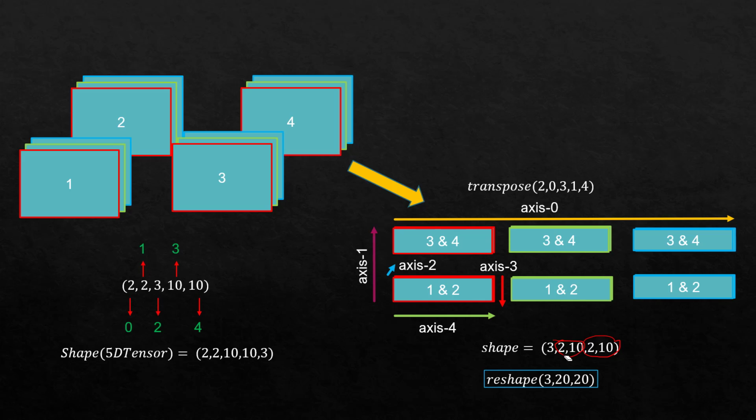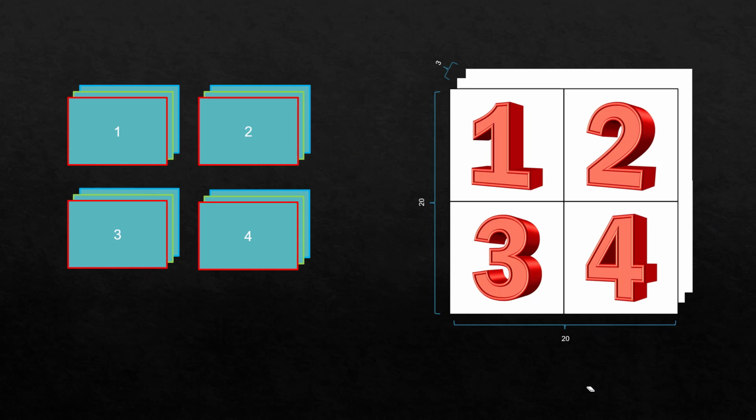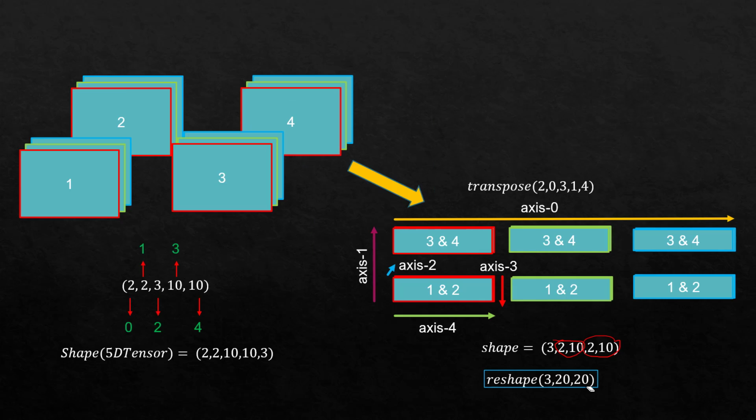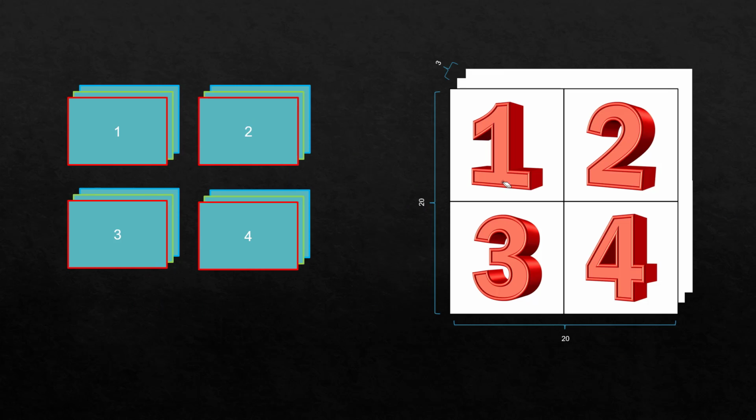From this 5D tensor we are moving to a 3D tensor, which means a single image with 3 layers, and each layer is 20 by 20 in size, which we wanted to create. And 1 and 2 will be together, and 3 and 4 will be together, side by side.